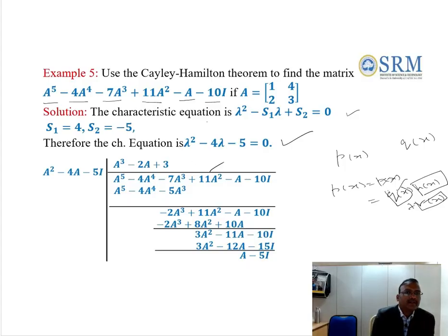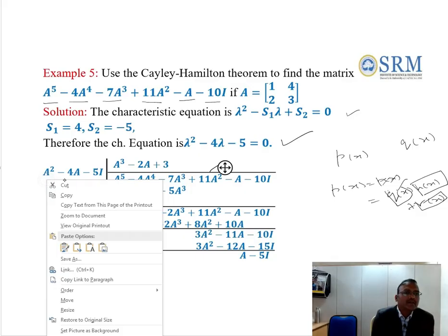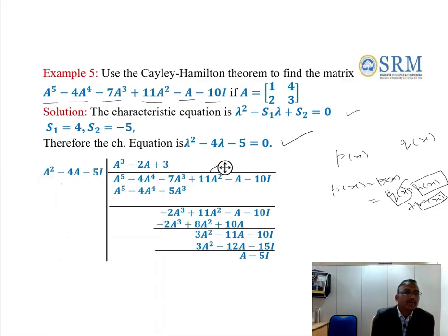Okay, so what is our characteristic polynomial? The characteristic polynomial is lambda square minus 4 lambda minus 5 equal to 0, and replace lambda by A. Therefore, you will have A square minus 4A minus 5I, and then the given polynomial is A power 5 minus 4A power 4 minus 7A cube plus 11A square minus A minus 10I.